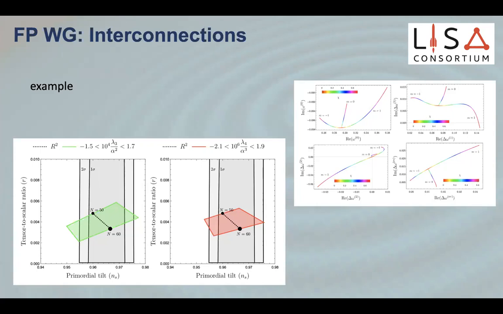The different color codes here represent the spin of the black hole. Chi is the spin of the black hole. So that's a typical fundamental physics kind of input at a very pure science-based level.